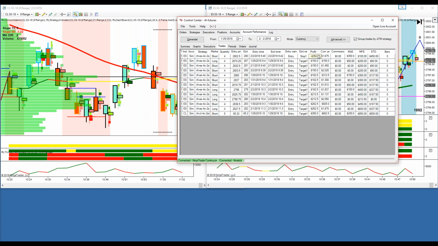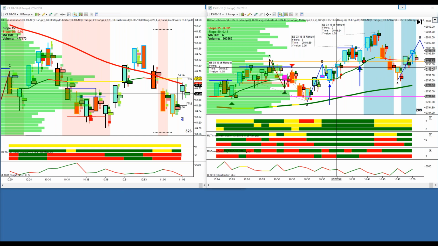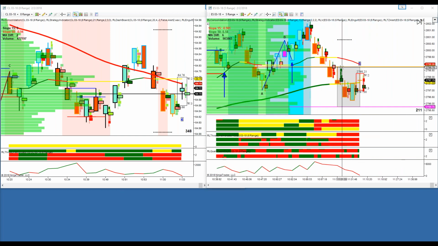Out of 14 trades, we have 1 loser. We're trading better than 90%, about 92%. If you can get that kind of win-loss ratio, and you trade double the number of contracts, you get the confidence to do that, and you have the account, you can make an enormous amount of money. It's just about avoiding losers, and if we do that, we will be profitable every week, week in and week out.